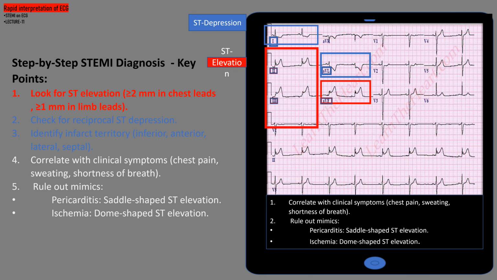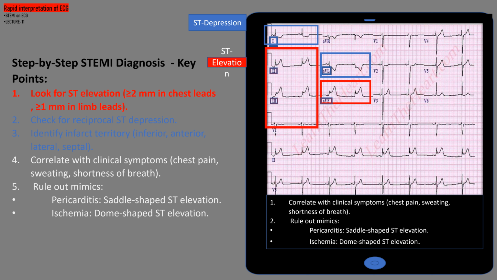Step 4. Correlate clinically. Is the patient experiencing chest pain, sweating, or shortness of breath? A STEMI diagnosis is not just about the ECG, it's about connecting the dots between the ECG findings and the patient's symptoms. Step 5. Consider differential diagnoses.